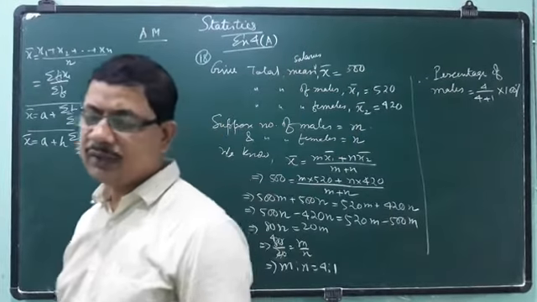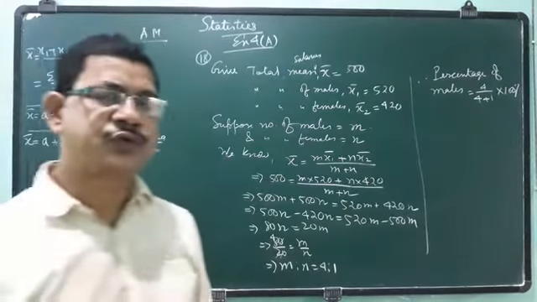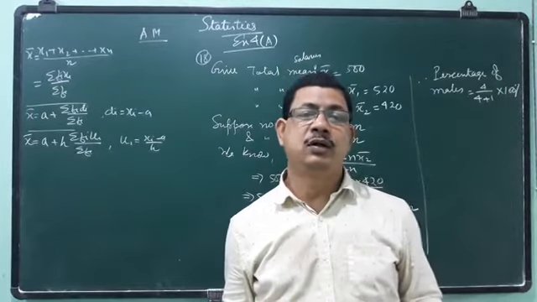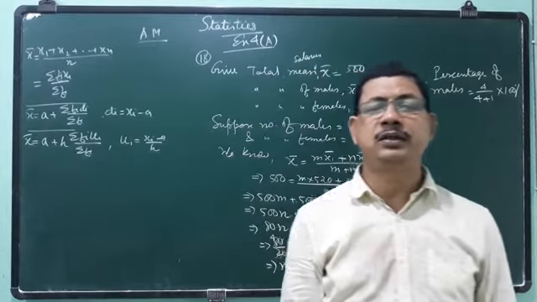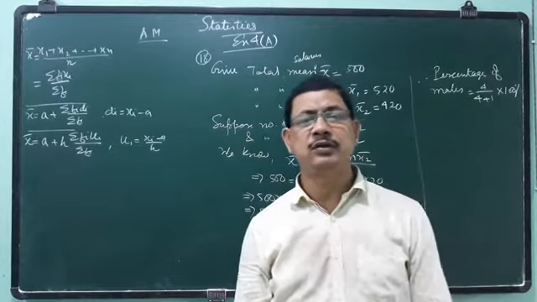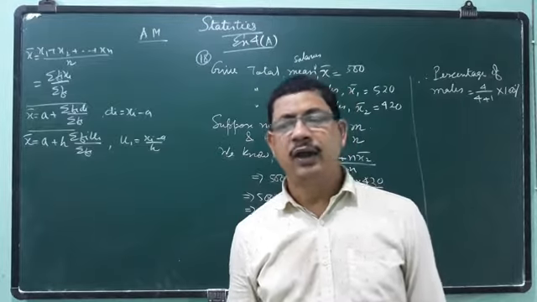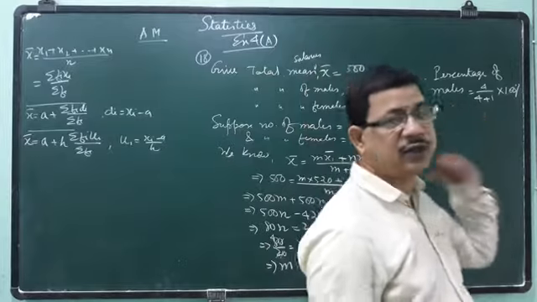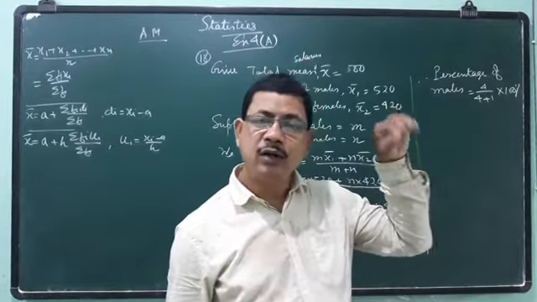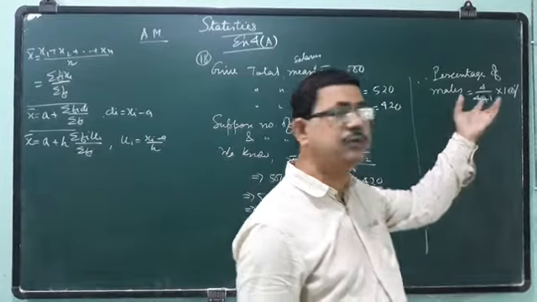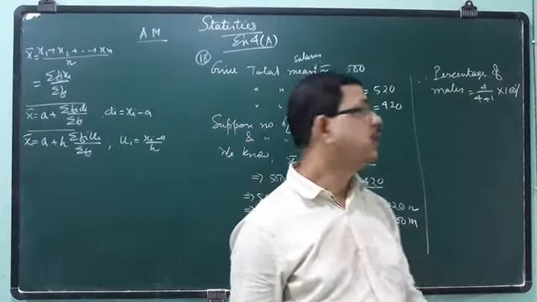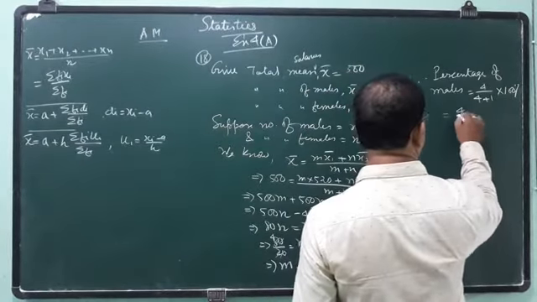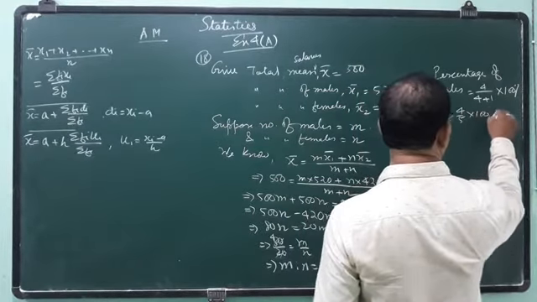If I have two parts, suppose 1 lakh of money or any other thing, and I want to divide this total into two parts and find the percentage of that thing, then how to do? This is the technique. Take the one whose percentage you have to calculate divided by sum of this one into 100%. So we get 4 by 5 into 100%.